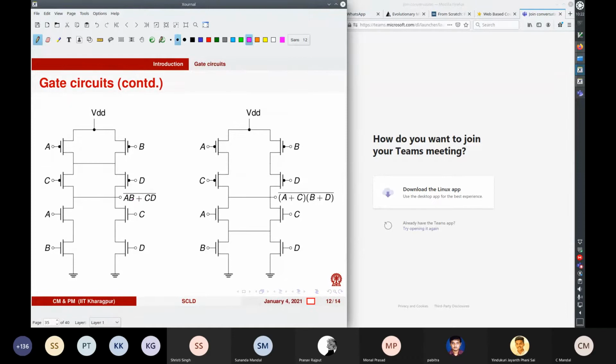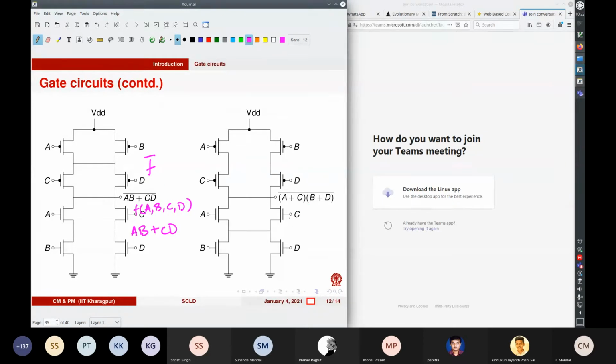So it realizes the invert of the AND-OR function. Here your function is F of A, B, C, D, that is AB or CD. So what you are realizing is F bar. Here, what is the function?